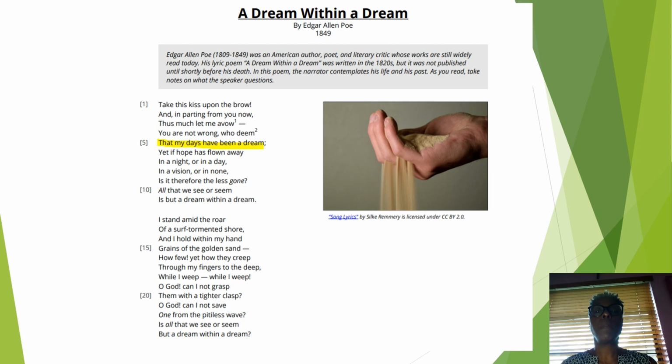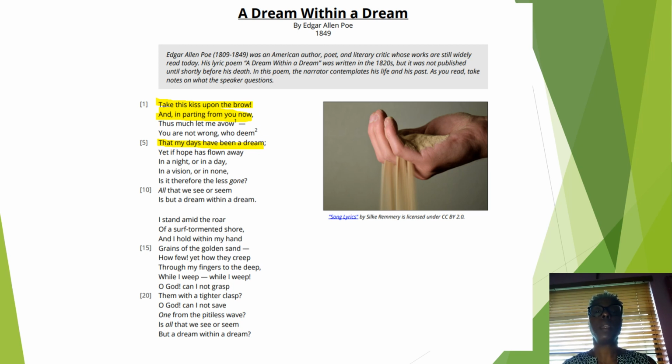The speaker gives the person a kiss, and we see it here. Take this kiss upon the brow. He also says, and in parting from you now. I know that parting means to move away from the person, to separate.